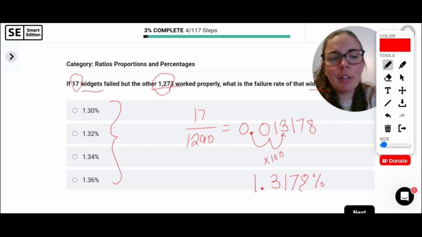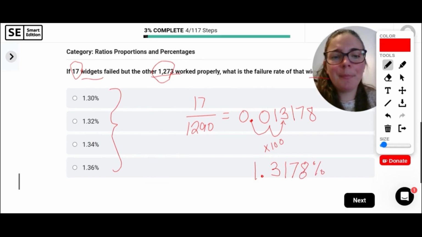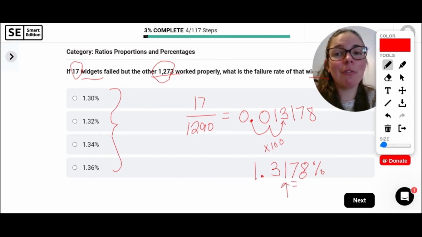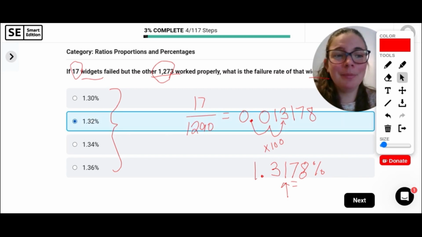And it looks like we are rounding to the nearest hundredth, 2 decimal places. So this 1 here is going to round up because the 7 is greater than 5, right? 5 or more, we go up. 5 or more, let it soar, you might have heard. So 1.32% would be the failure rate.